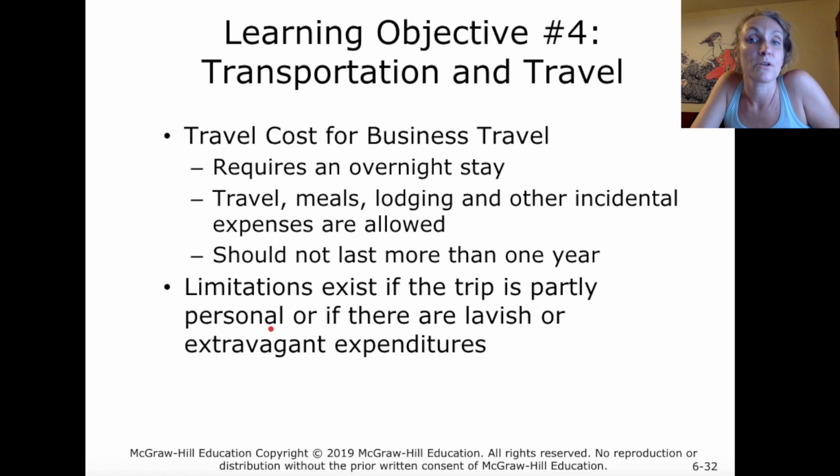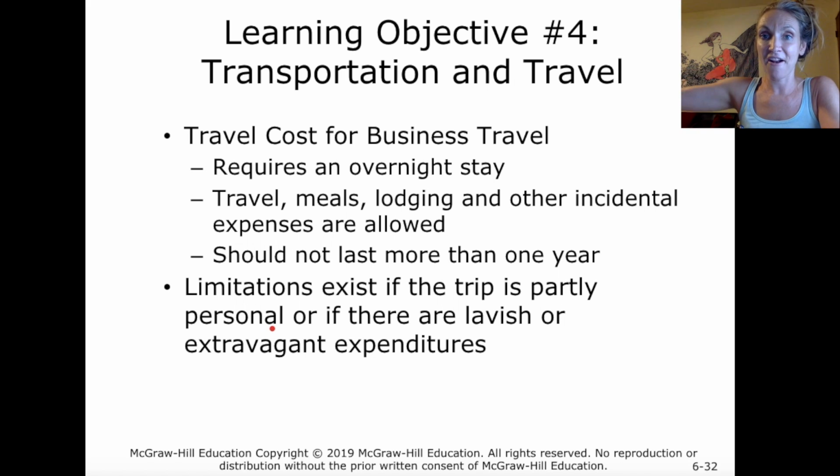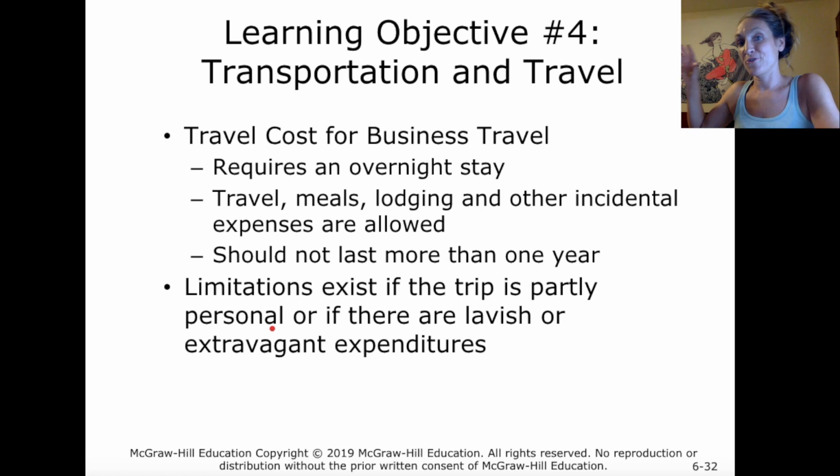If a trip is part personal, that's fine, but depending on whether it's domestic in the U.S. or outside the U.S., and how many days were business or personal, you may need to prorate your travel costs, such as your airfare to the location, based on your business days to your personal days. Or if your personal days are more than business days, it may not be deductible at all. Or if it's international, it's prorated.